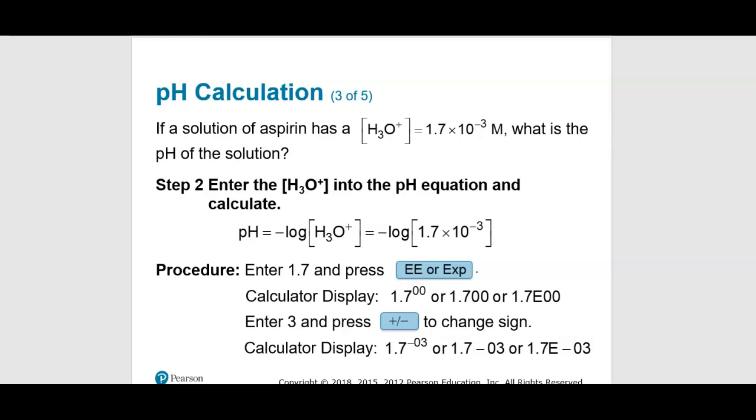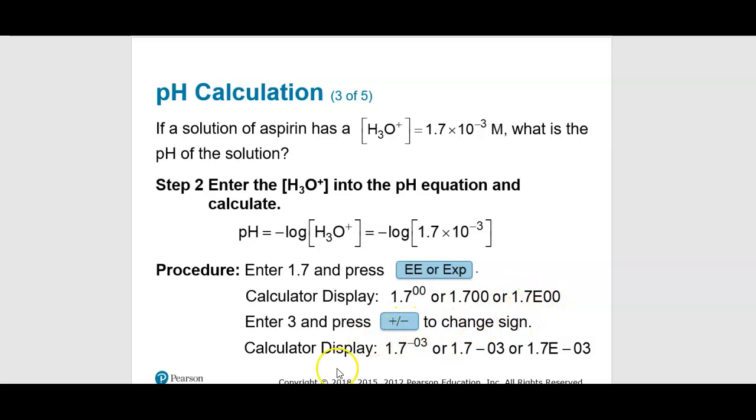You see what they're doing there, 1.7 times 10 to the minus 3. In fact, let me do this for myself so I actually see the calculator doing it, because this looks a little funny. No, it's okay. These are the steps you take. You put in 1.7, and then you hit the double E or exponent key.